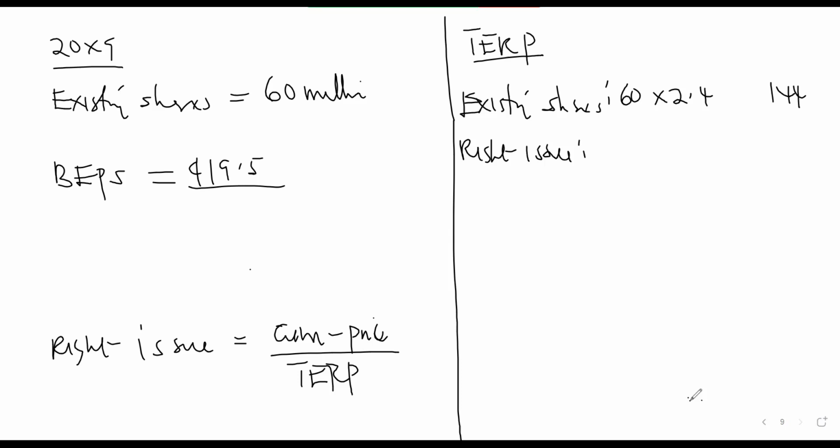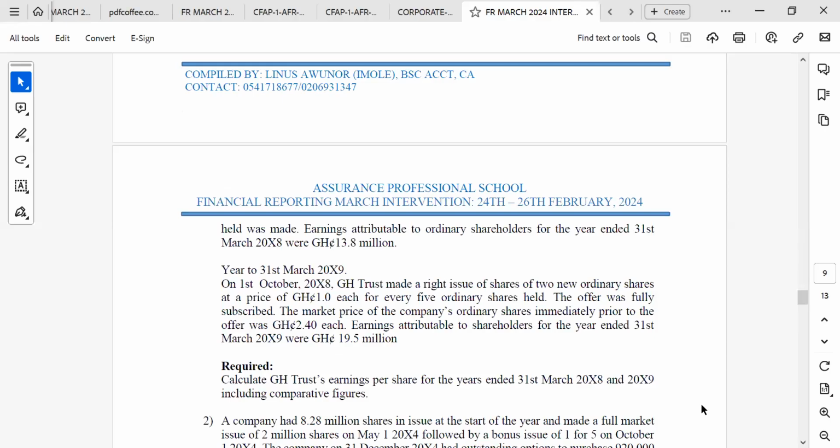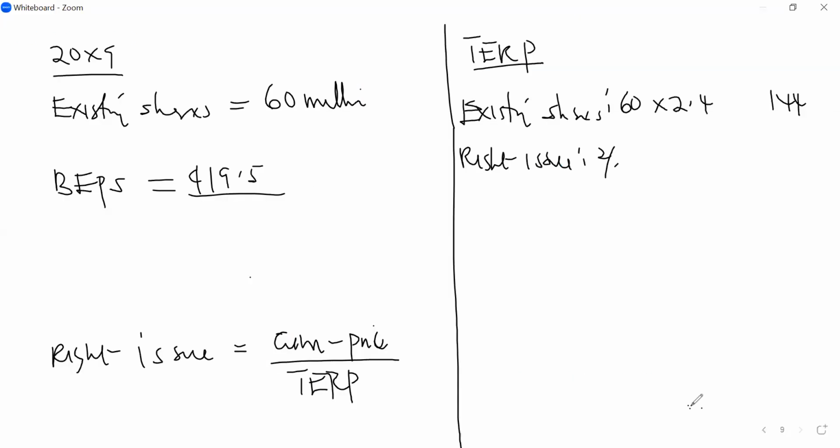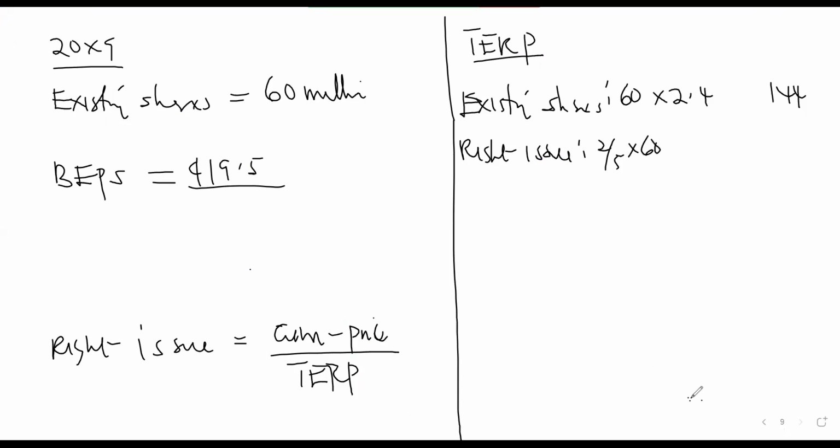What will be the number of shares that we'll be getting from the right issue? The right issue was 2 for 5, so it will be 2/5 times the existing shares. 2/5 times 60, what are we getting? 24.